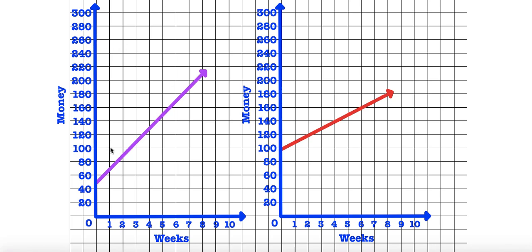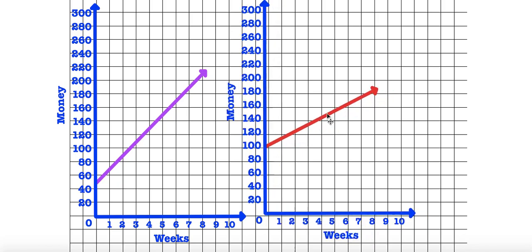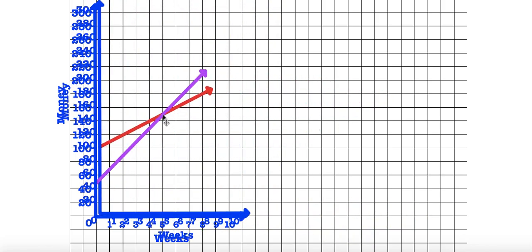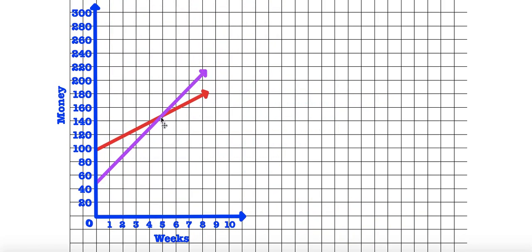So here I have both my graph of my savings and his graph of his savings. And what I'm going to do is I'm going to put them directly on top of each other to see what happens. If you put them directly on top of each other, you'll notice that the purple is me. And I started off with less money than Mr. Morano, but as time went by, I actually started saving more because I had put in $20 per week.